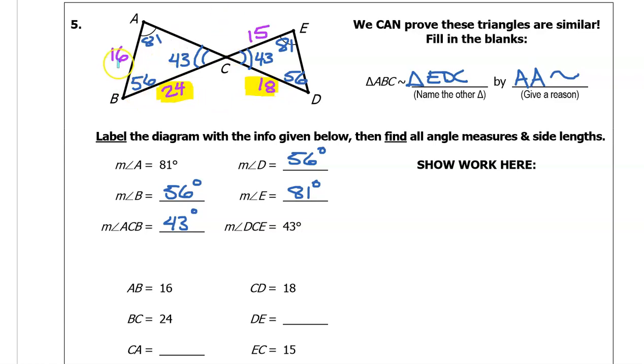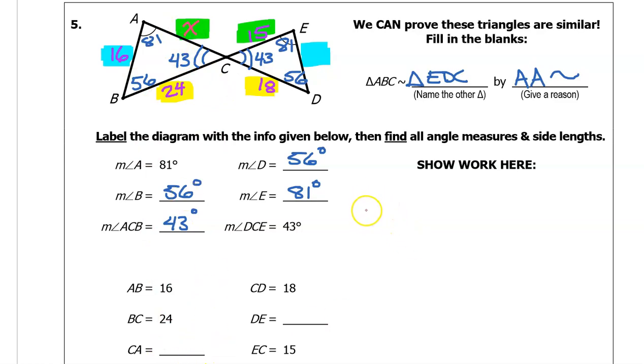And we know that the 16 is going to correspond with ED over here. And we know that the 15 is going to correspond with AC right here. So now we've matched up all the corresponding sides. So if I want to find side CA, for example, okay, so side CA is right here. I'm going to put an X on that.